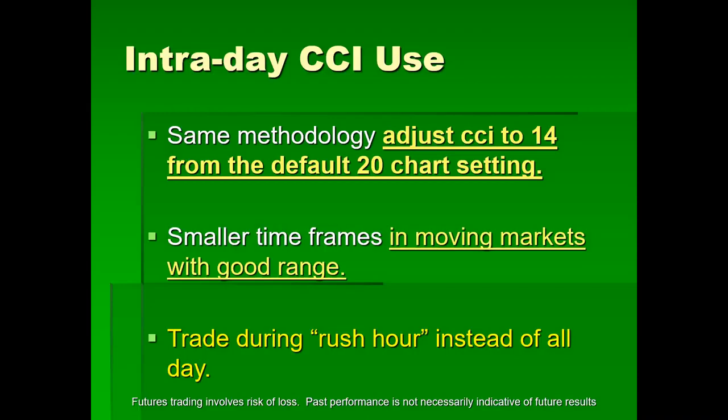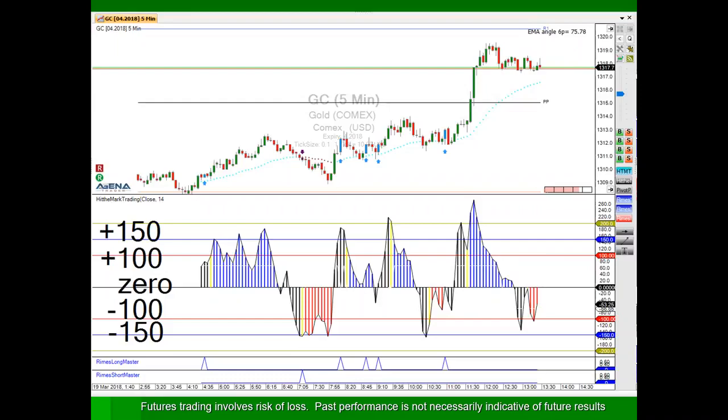So when you get your chart package and you have CCI, they're all set at 20. You go in there and you change it for day trading to 14. And we are looking at smaller time frames in moving markets that are showing a good range. I also believe in trading the rush hour rather than all day.